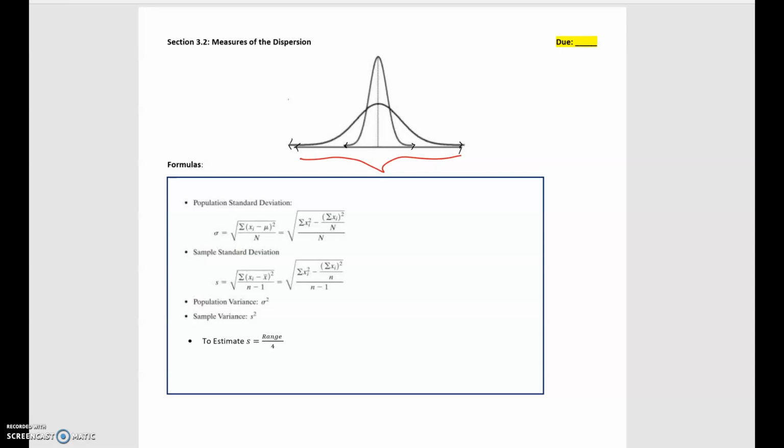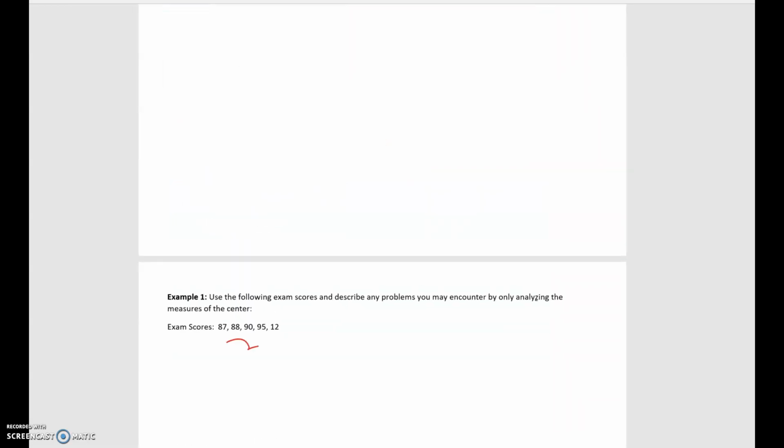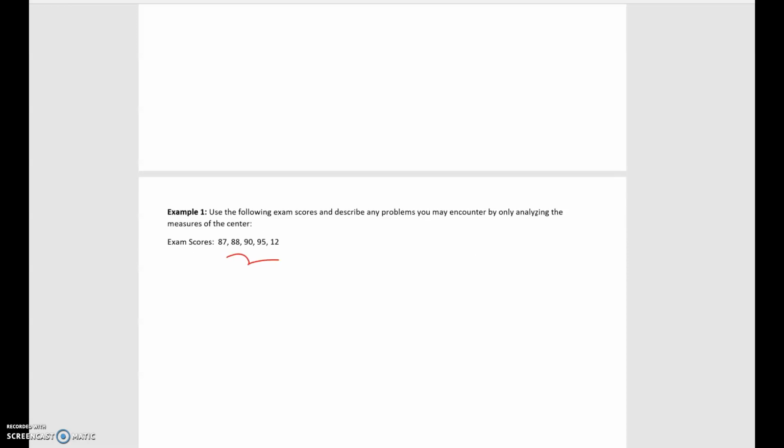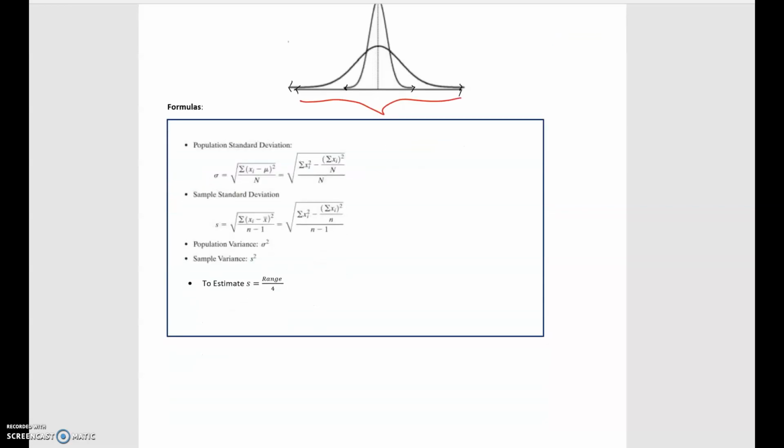Now, if you're talking about raw data, so the numbers are given in this form, let me label it as raw data. Then these are the formulas that we're going to use to evaluate the population or the sample standard deviation or the variance.